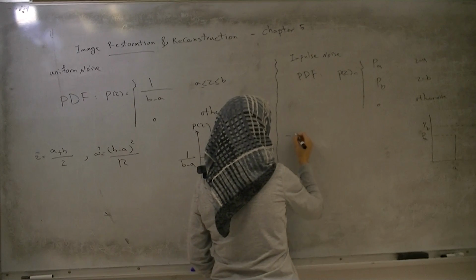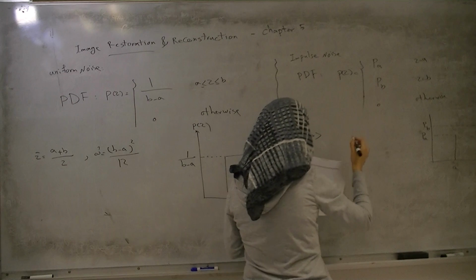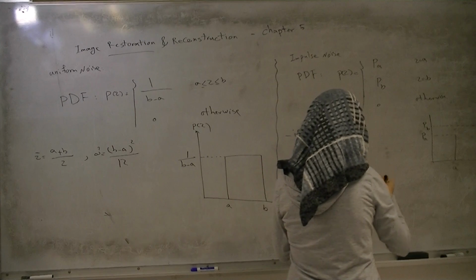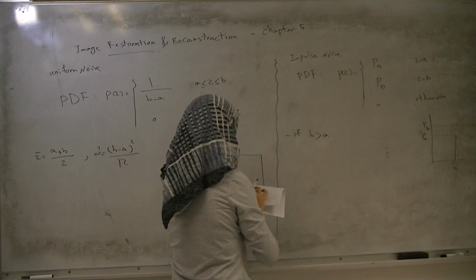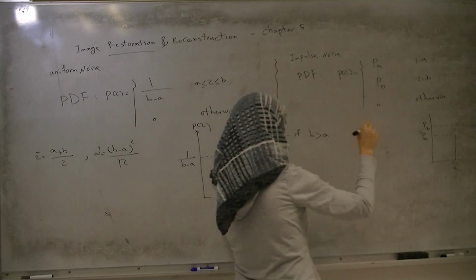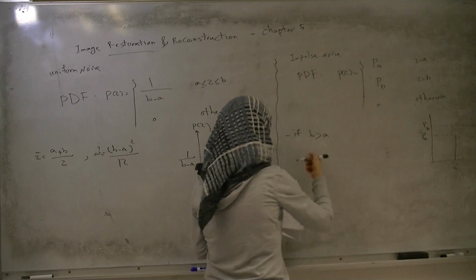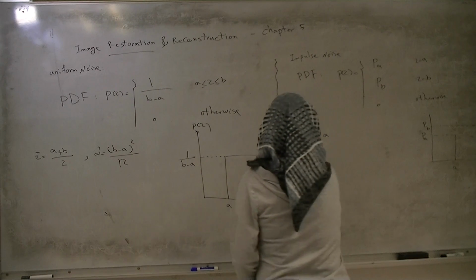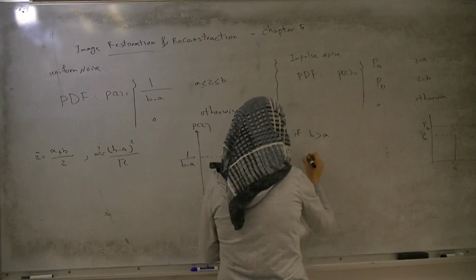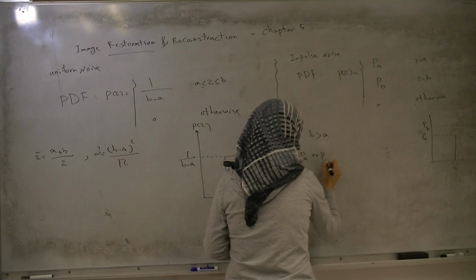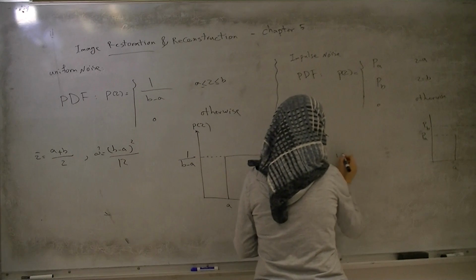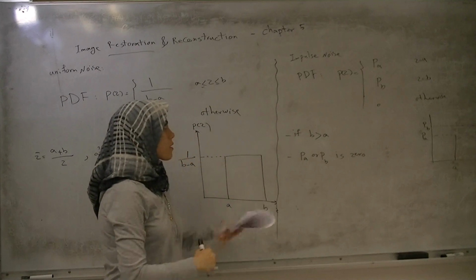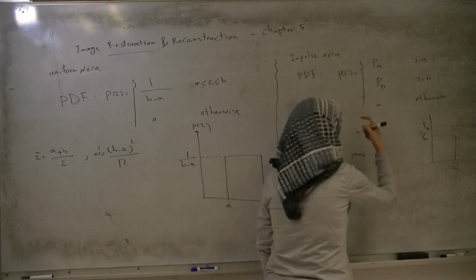And if B is larger than A, the intensity of B will appear as a large dot in the image, and also A should be bright. But if PA or PB, one of them is 0, we call it the impulse a unipolar noise.